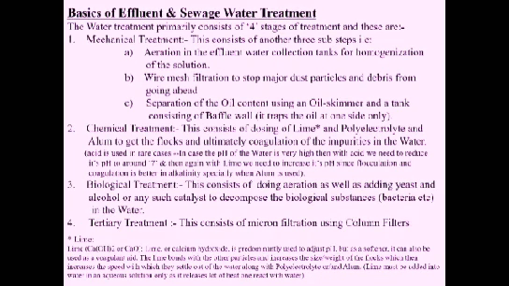Well, this is a slide which shows the basics of sewage and effluent treatment, water treatment plant, wherein water treatment primarily consists of 4 stages of treatment. Number 1, mechanical treatment.